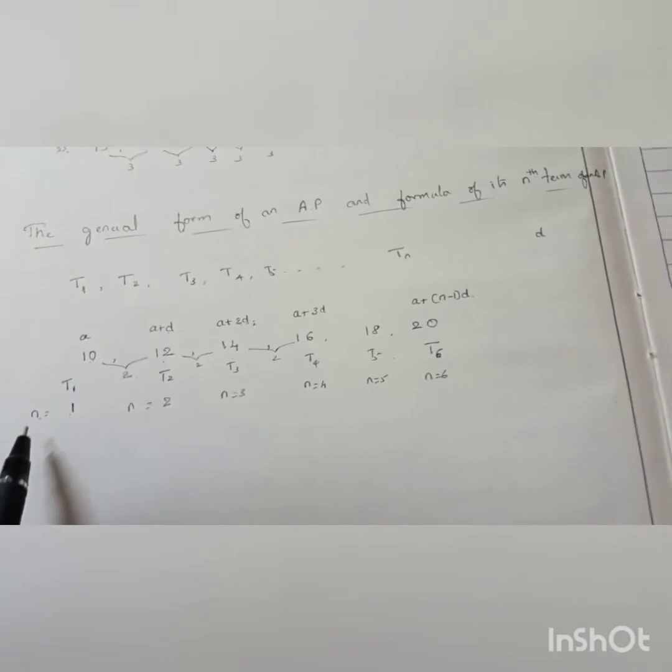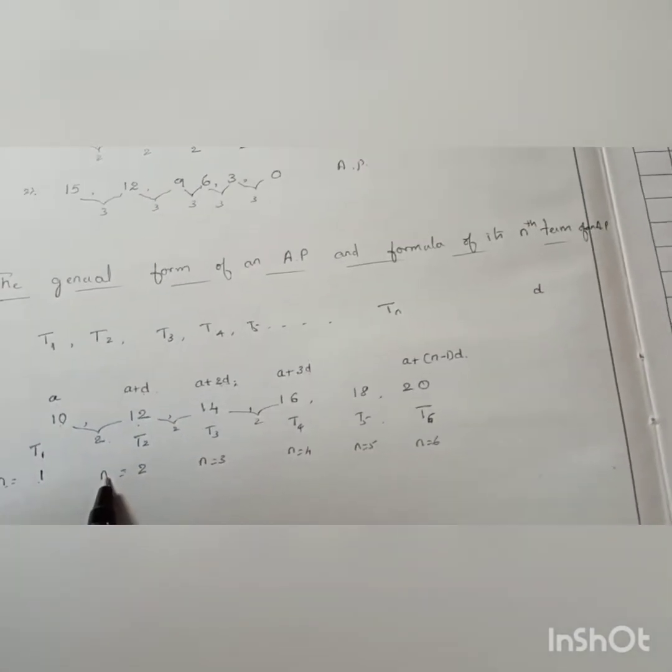You might have a doubt why we have written A plus n minus 1 into D. Now, if we compare the number next to D with the value of n, the number of the term: when there is no number next to D, it means 1, and the value of n at that point was 2. So 1 is 1 shorter than 2.